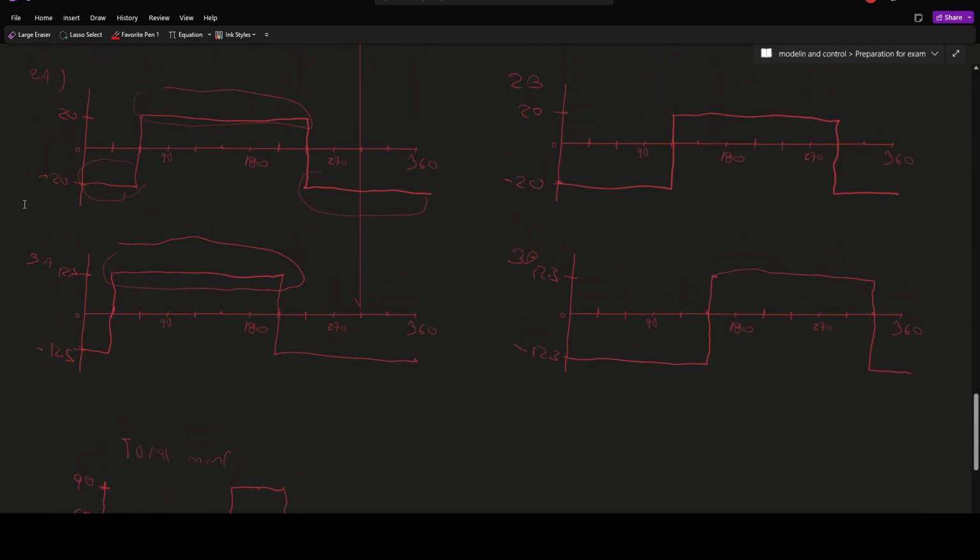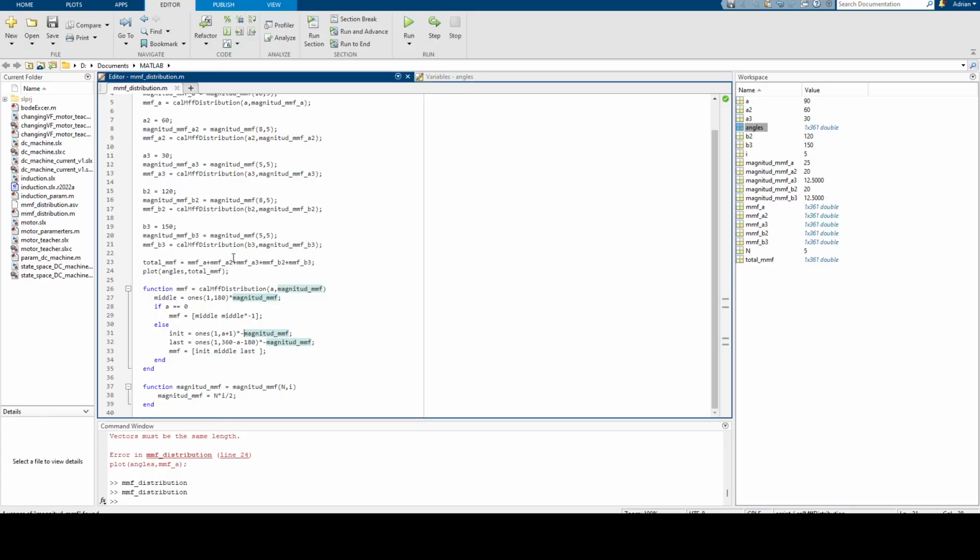So the initial part is always negative, so that's why I multiply by minus the magnitude.